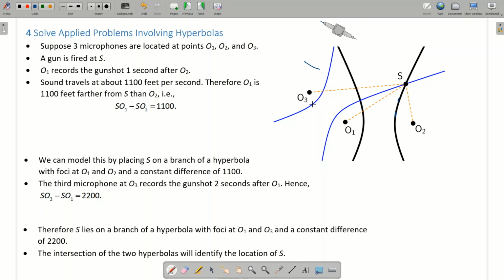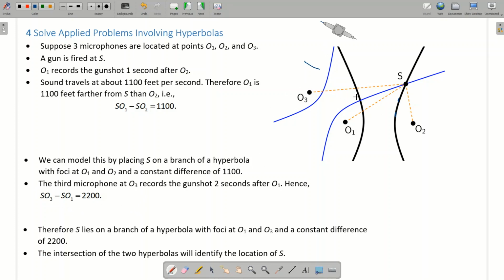Okay, now imagine that there's a third microphone, and that third microphone hears it 2 seconds after this microphone. Well, we could use the same type of reasoning, that these 2 points are the foci of a hyperbola, and that the point S is a point on one of the branches of the hyperbola, but in this case the difference between them is 2200, because it was 2 seconds after.